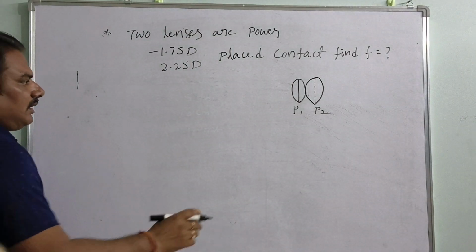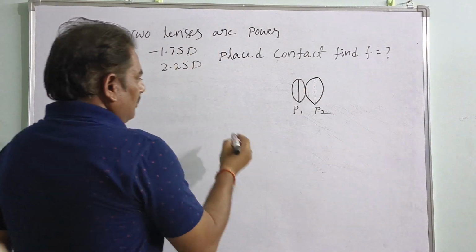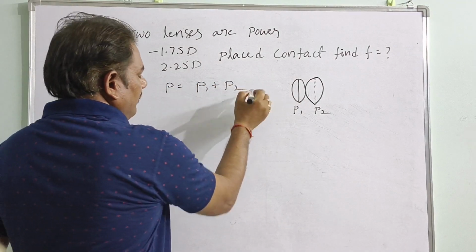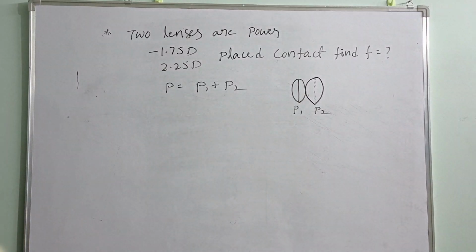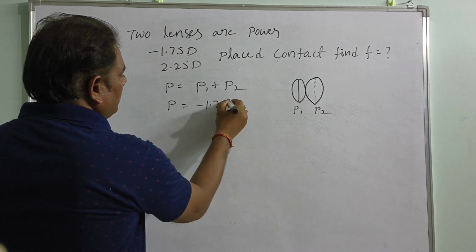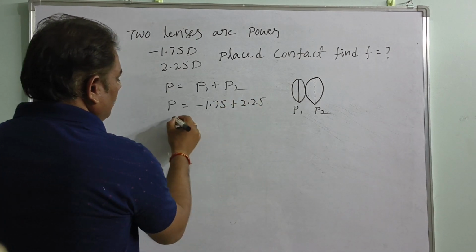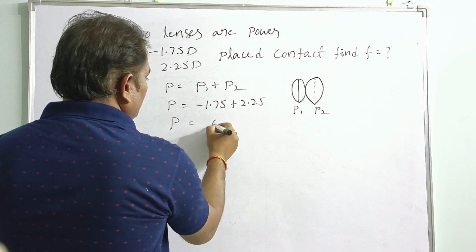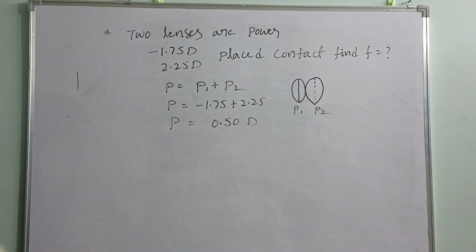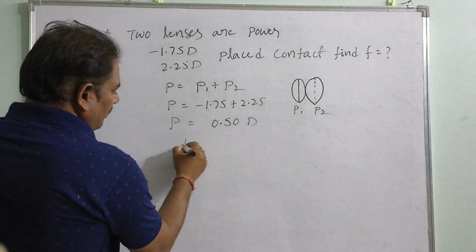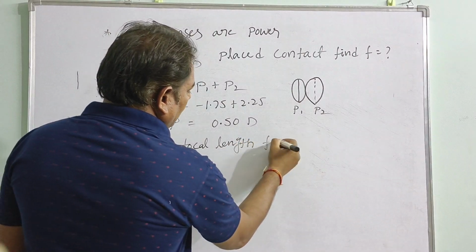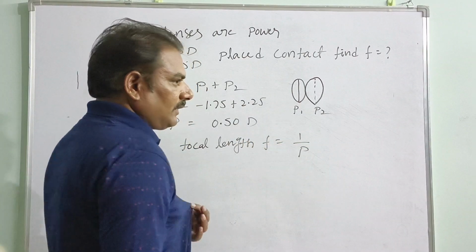So the two lenses are kept in contact, so the effective power P is equal to P1 plus P2. So P is equal to minus 1.75 plus 2.25. So that equals 0.50 diopters, which is the power. Then the focal length f is equal to 1 by P.